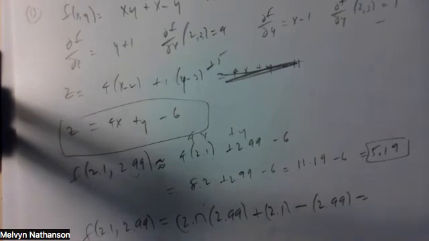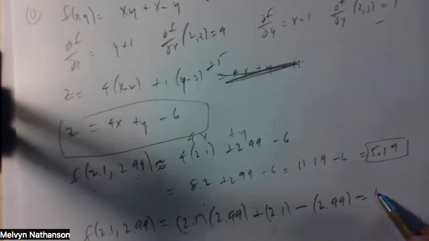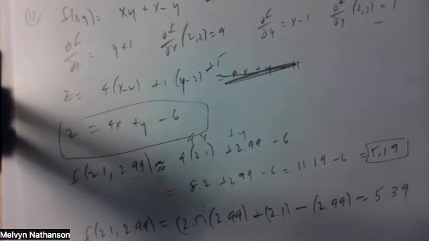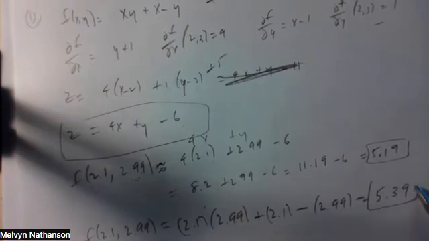So this is equal to 2.1 times 2.99 plus 2.1 minus 2.99. I get 5.39. So this is an approximation, and this is the exact value.